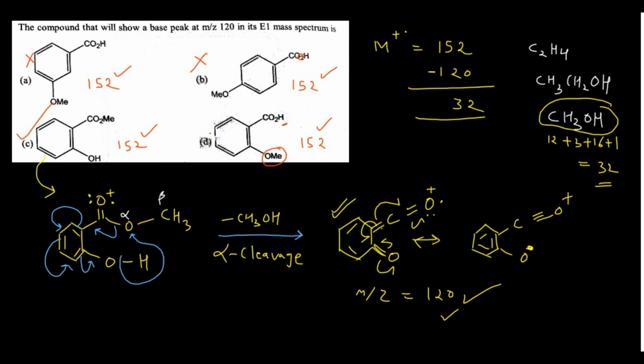Now moving to the next problem. What it says is that the compound exhibits the following spectral data: IR stretching frequency at 1685 cm inverse, and proton NMR 7.84 doublet, 7.60 doublet.